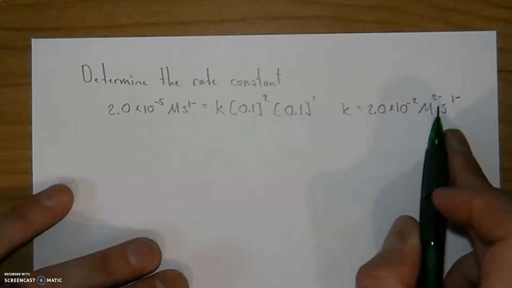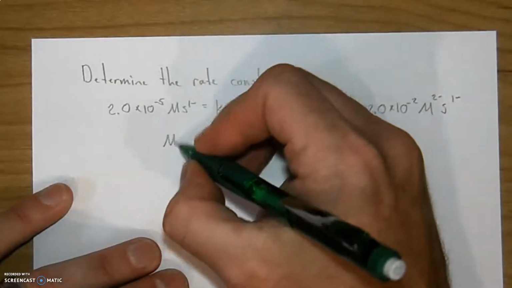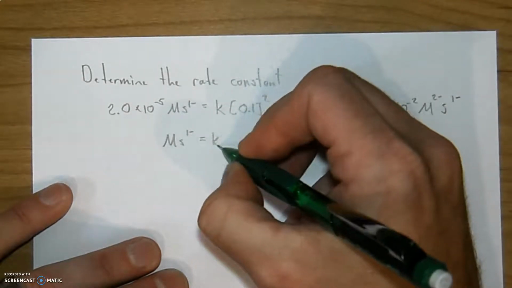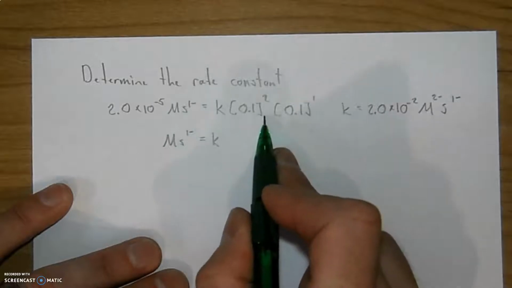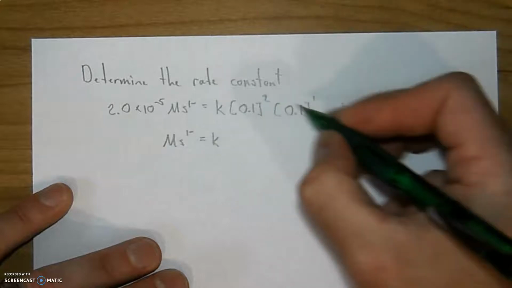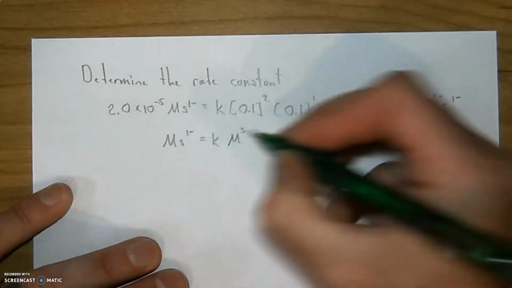The way I think about it is I know that the units have to finish up and be this for rate. I know it has to be this. This I don't know. But if these are concentrations, which means it's a molarity, I know that this is M to the second and this is M to the first. Together they make M to the third.